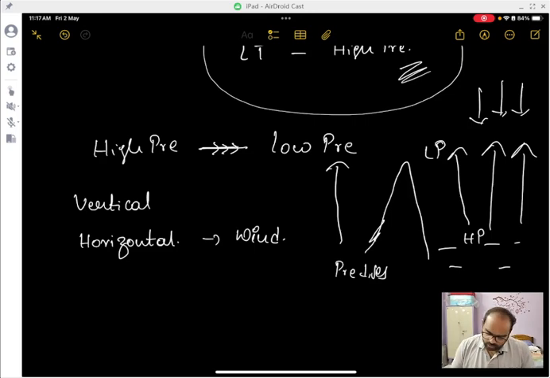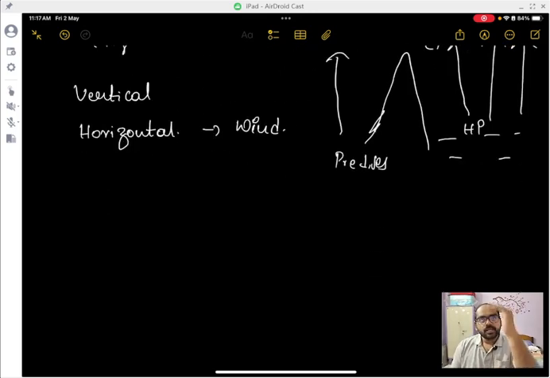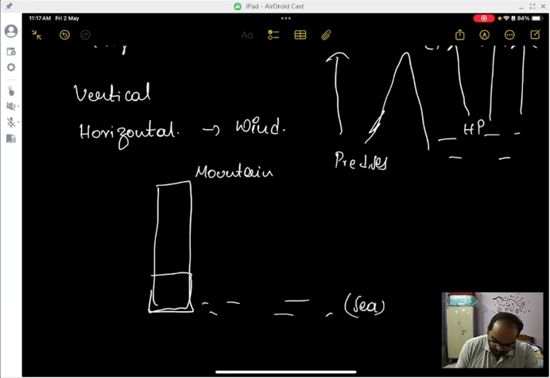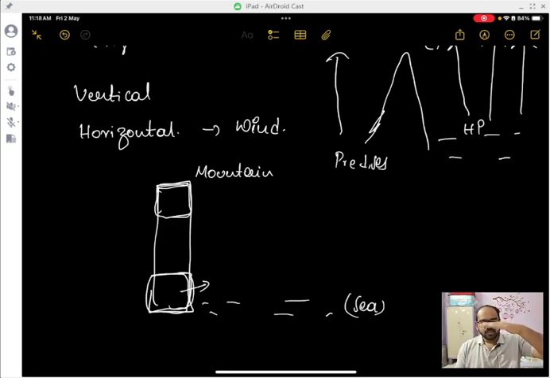And next, here we said that as height increases, pressure decreases. Why? If you take a column of air at sea level and a column at mountain level, the air present at the lower level is compressed downwards due to the gravitational pull of the earth.